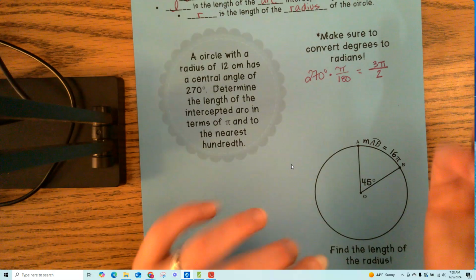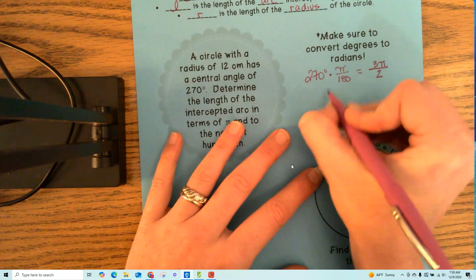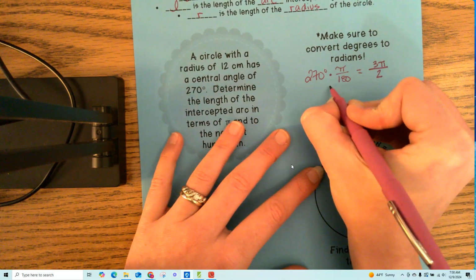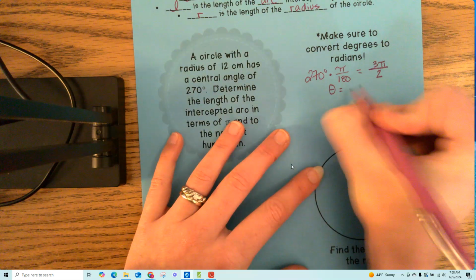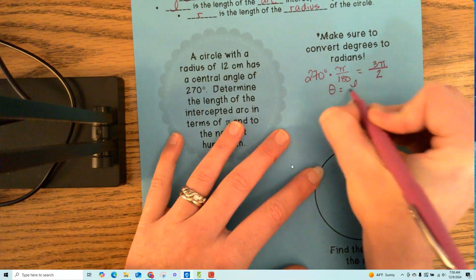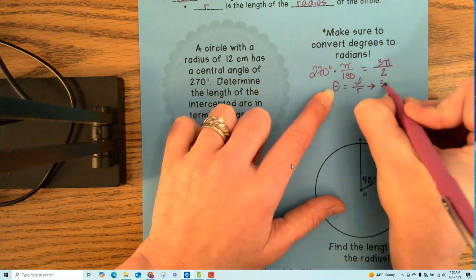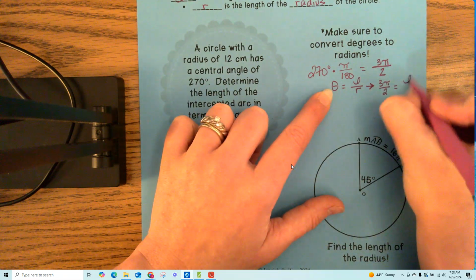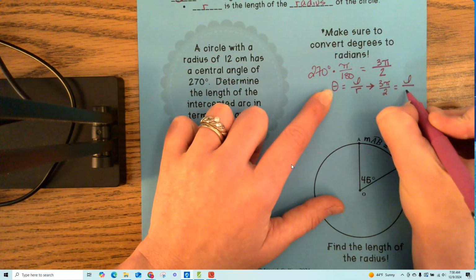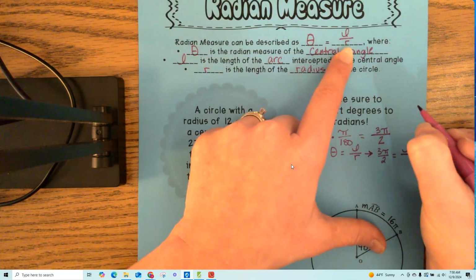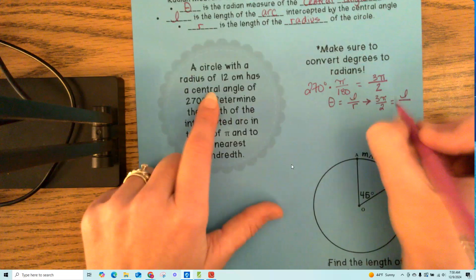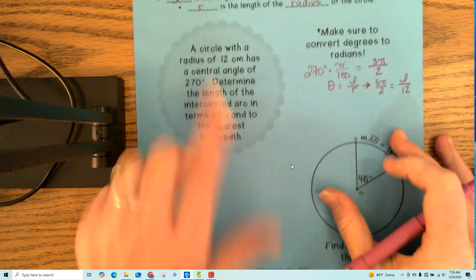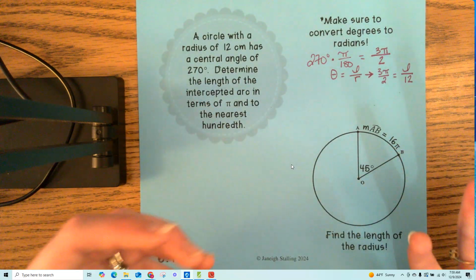So we know that the measure of the central angle equals L over R. We know the measure of the central angle, we're looking for L, and the radius is 12. How do we work this out?